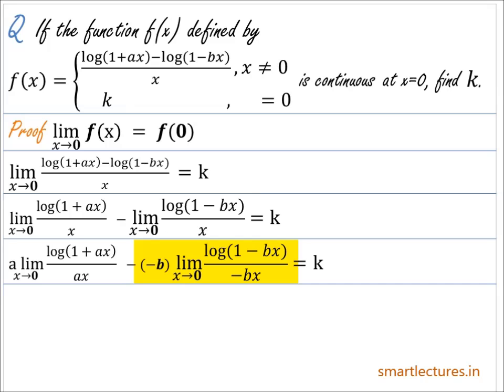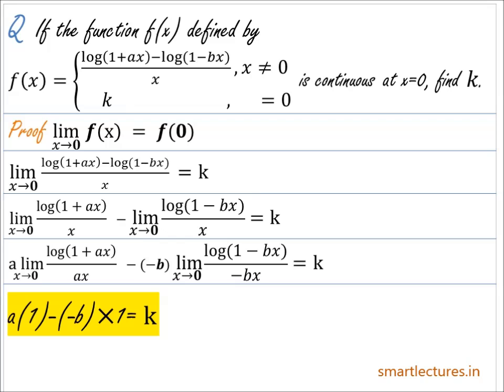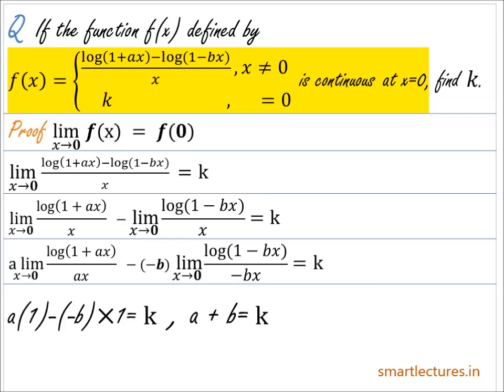So now this equation becomes a into 1 minus b into 1 is equal to k, or a plus b is equal to k. So that means the value of k for which the given function f of x is continuous at the point x equal to 0 is k equal to a plus b.